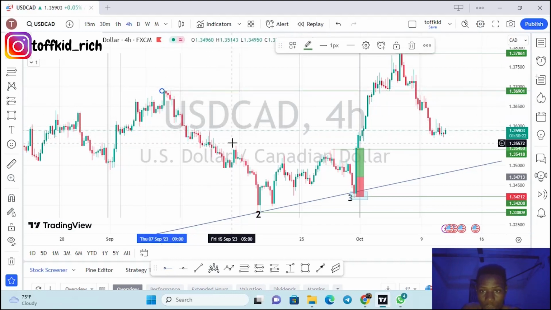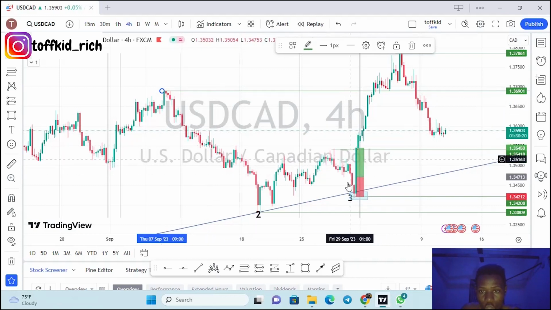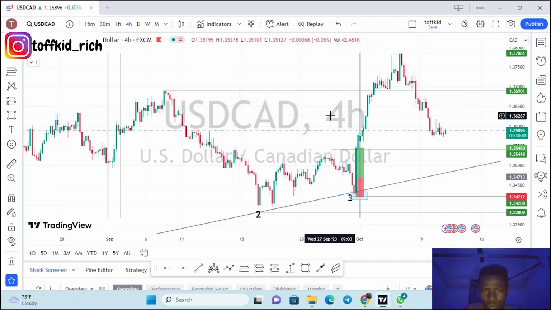But price will not easily push all the way up from the third touch to the last resistance on the top right there. Price has to pass through levels before it gets there.